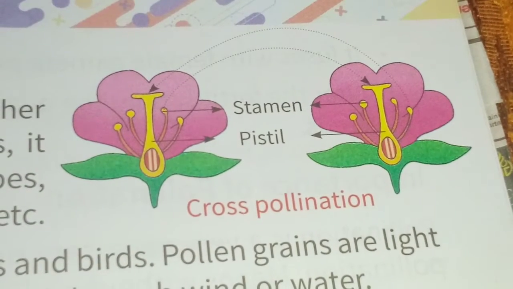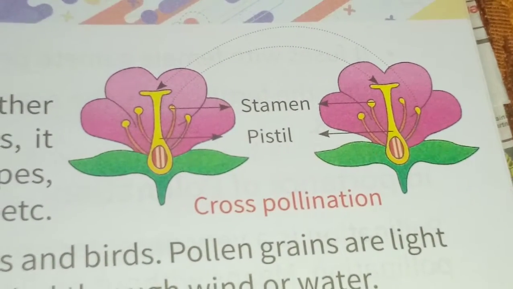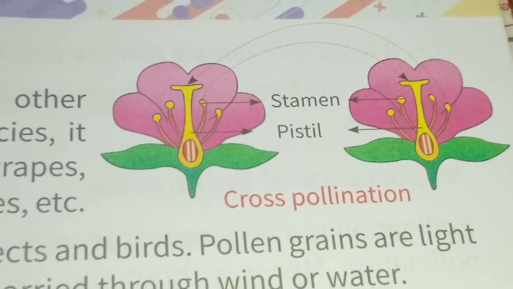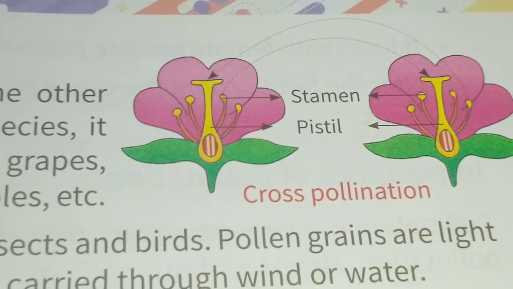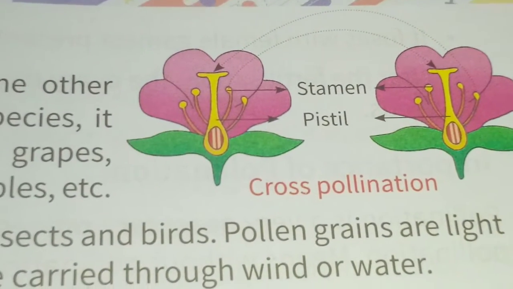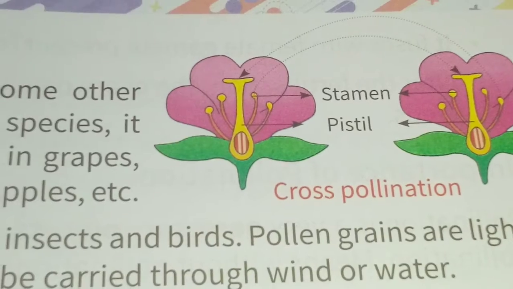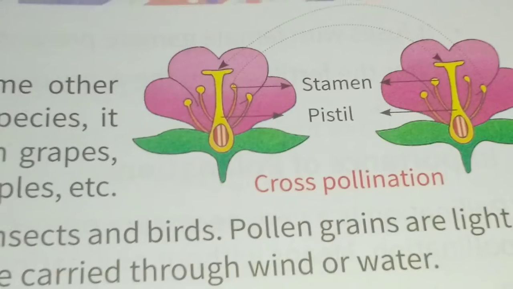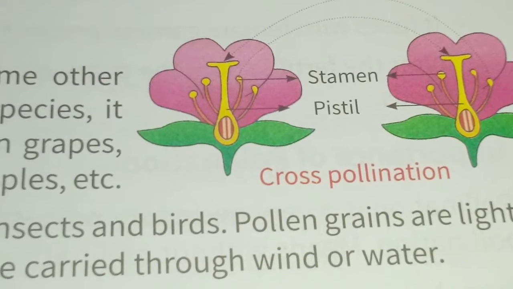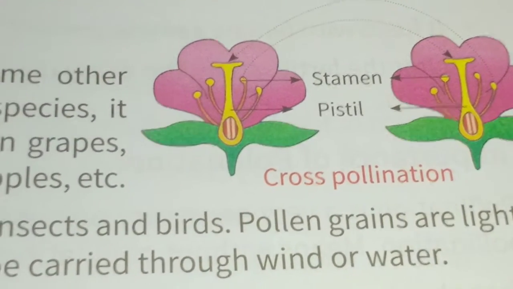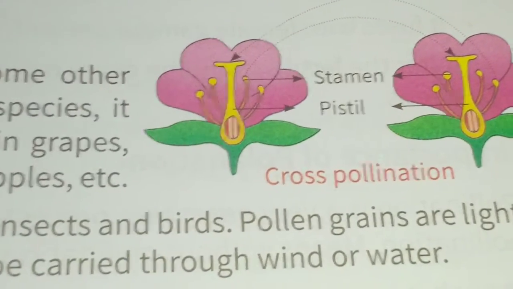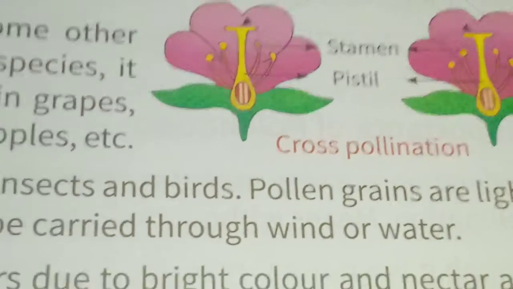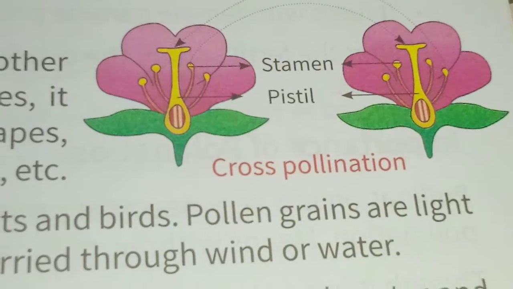And you know, insects and birds are agents of pollination. Insects get attracted to flowers due to the bright colors of petals and sweet nectar, and they carry pollen on their bodies, which lands on the stigma of a flower. It can be the same plant or another. Honeybees, beetles, butterflies, hummingbirds, etc. are all pollinators.